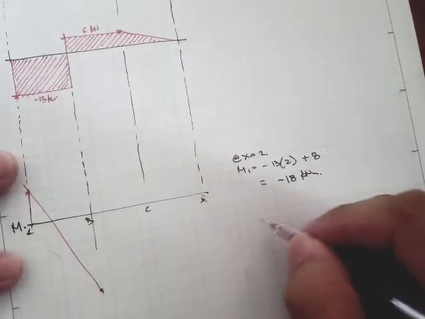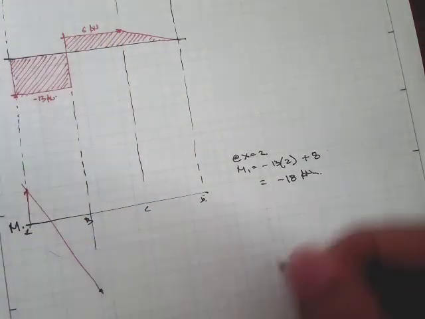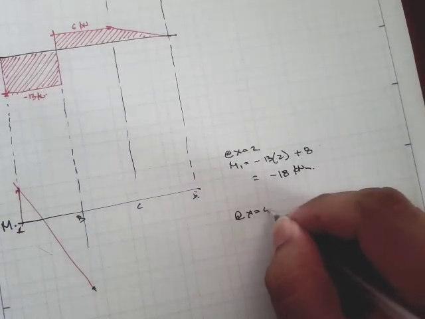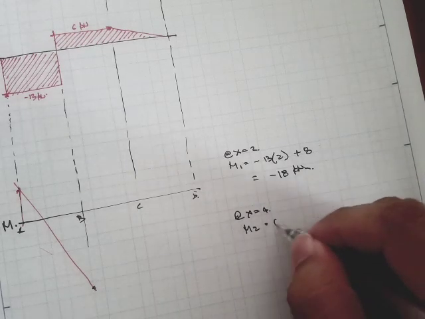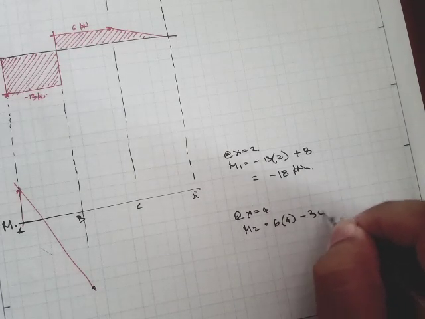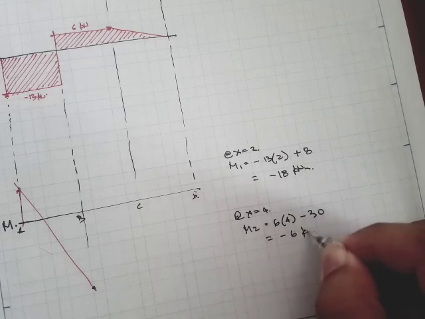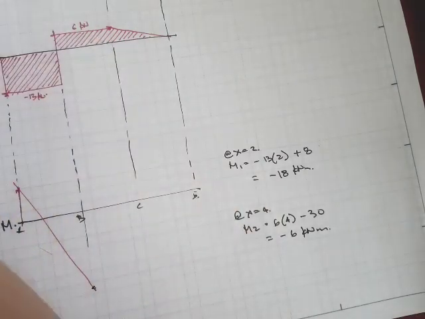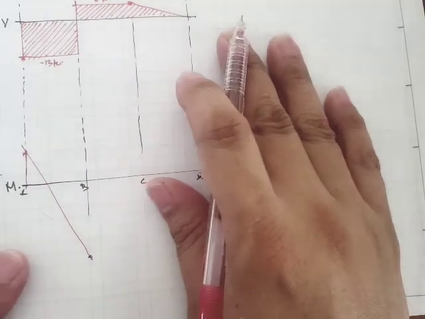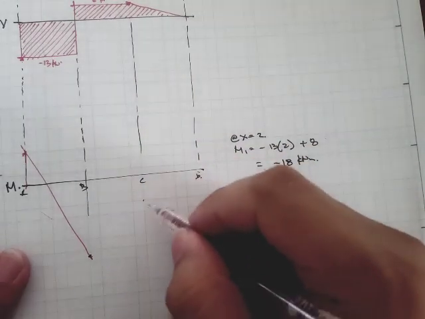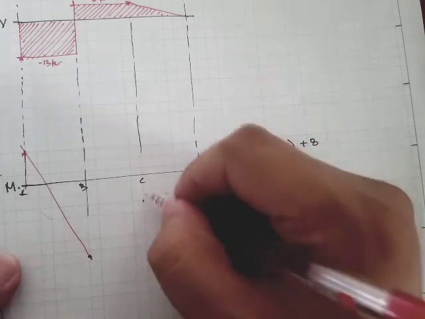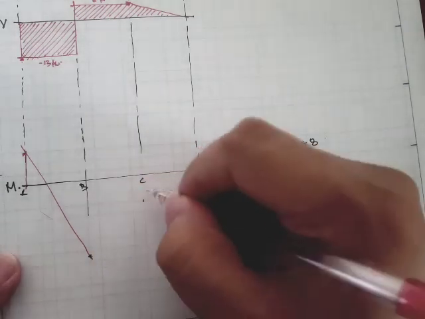So at x equal to 4, M sub 2 is equal to 6 times 4 minus 30. What we get is negative 6 kilonewton meters. What it looks like is also linear. Let's say this is 6.